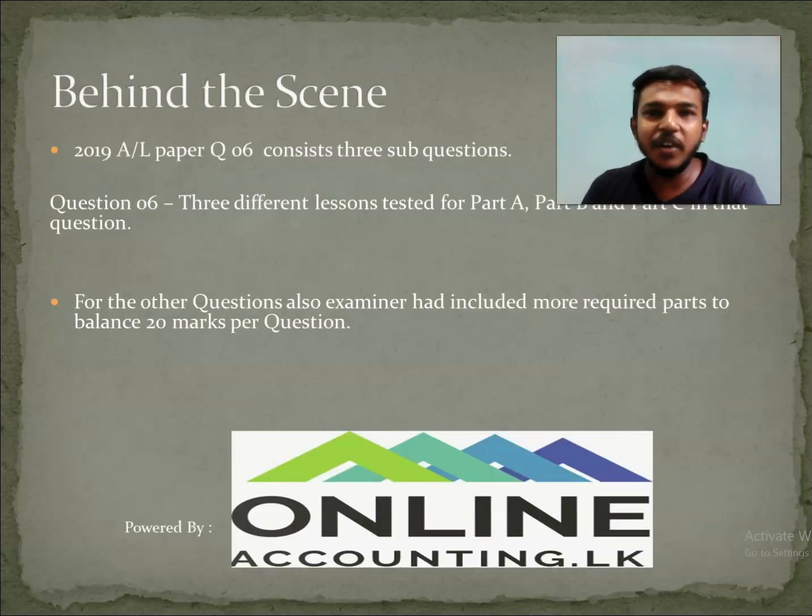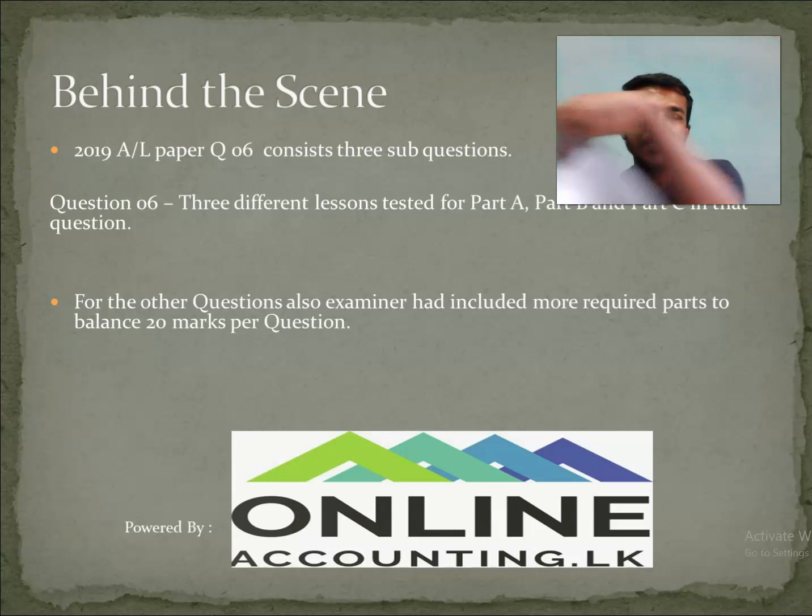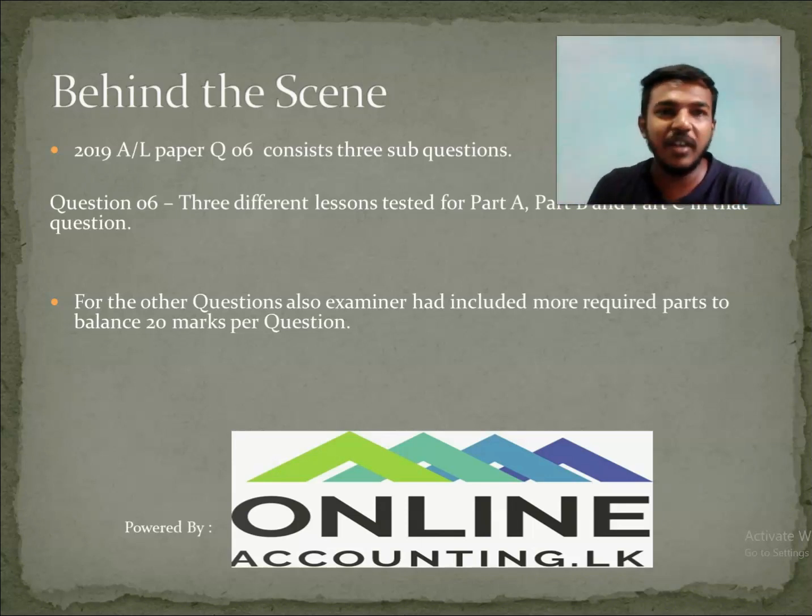So what she did was, she added more content to the questions, right? As an example, if I am not mistaken, in the 2019 paper, do you know for which question they tested the bank reconciliation part? You might be surprised if you haven't gone through the 2019 paper.